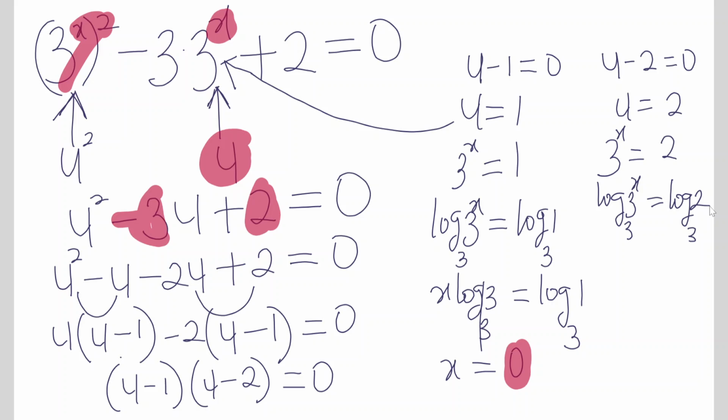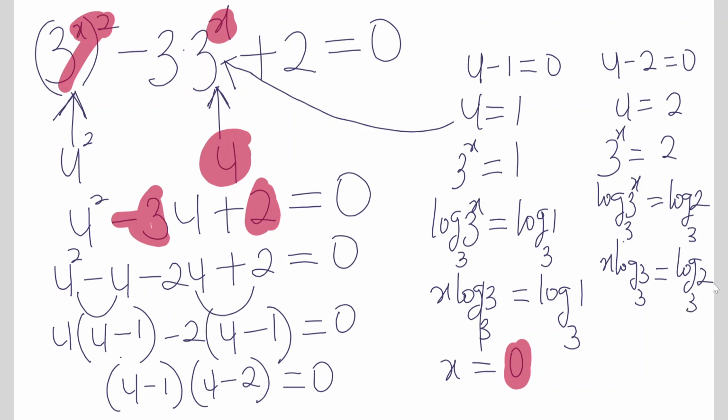Of course, log of base 3 then 3, so I'm going to be bringing x. We have x log base 3 then 3 equal to log base 3 then we have 2 here.